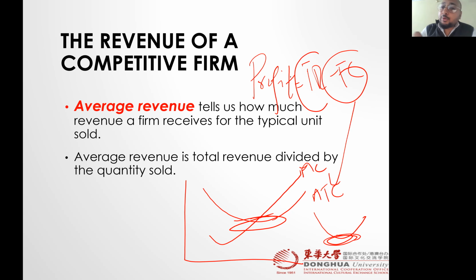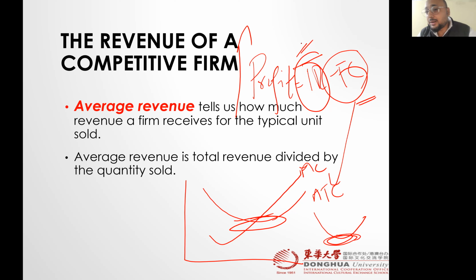And how much do we have to sell so that our profit is maximized? This was already decided in our pre-midterm lecture, cost of production.